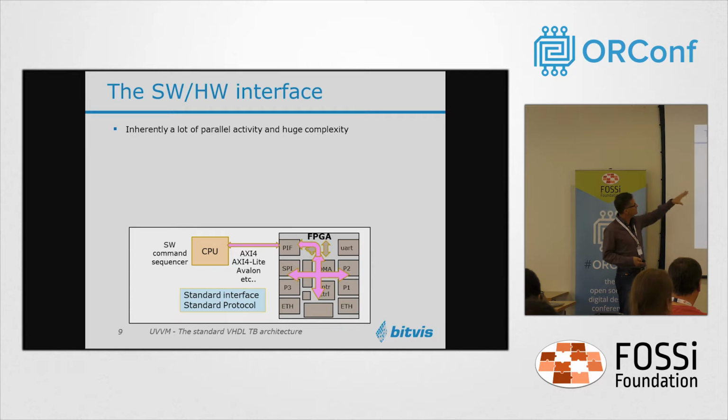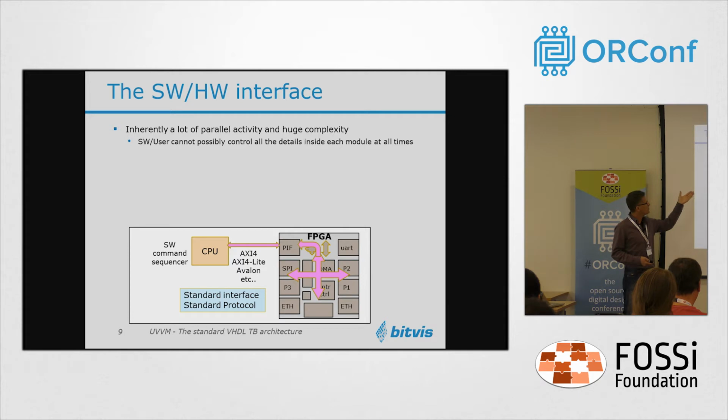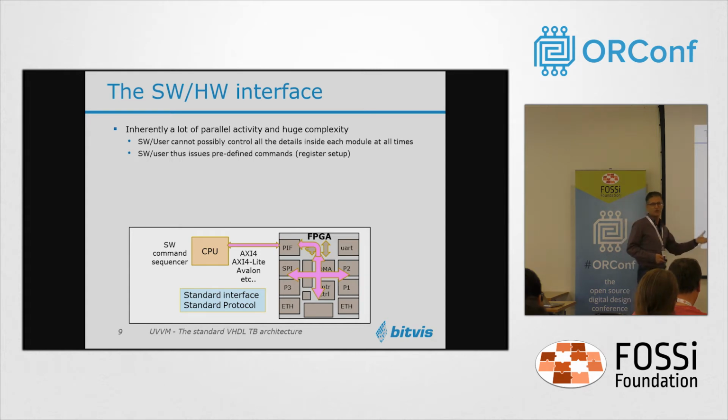Right, so in this system, there's a lot of parallel activity on all these different interfaces, really extremely complex. And software cannot possibly control all of these interfaces and whatever is happening inside here at all times. It's impossible. So that's why it issues commands to these modules so they can actually do the actual work.